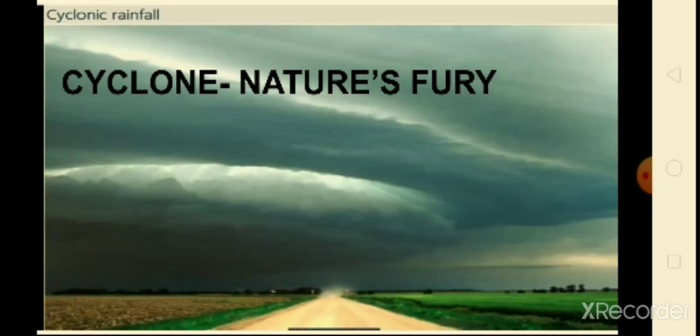Power supply and telecom lines snapped completely, and there was heavy rain under the influence of the cyclone for 3 days. These rains led to flooding in the major rivers of Odisha. The cyclonic winds caused tidal waves that swept 30 kilometers inland and brought massive destruction to the coastal areas.